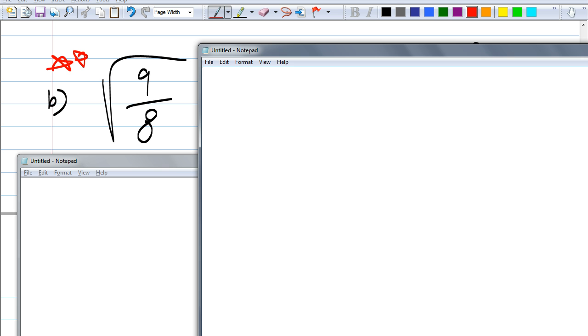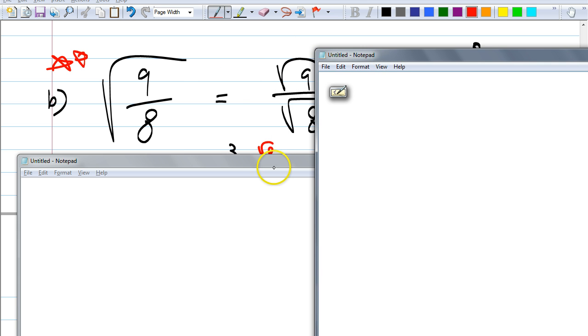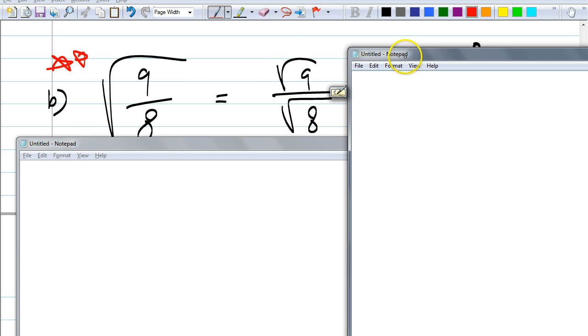Nelly, what did you guys do here? We put 3 over root 8. Oh, okay. So simply, first of all, square root of 9 over square root of 8. What is square root of 9? That's just 3.